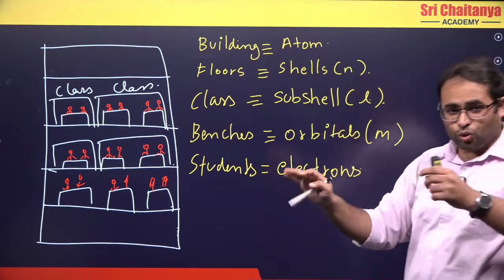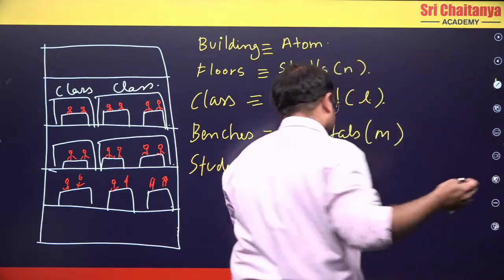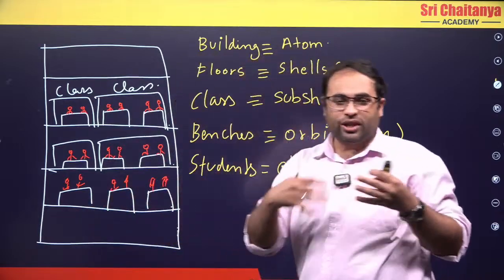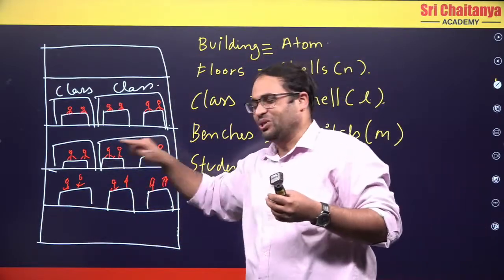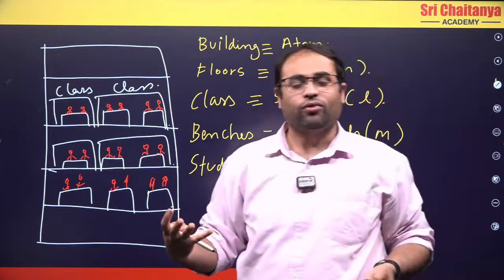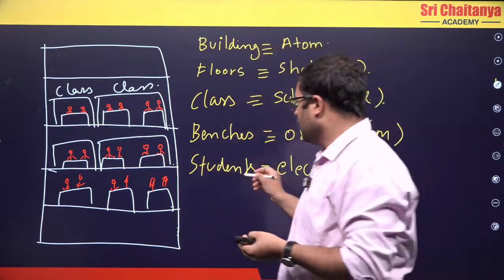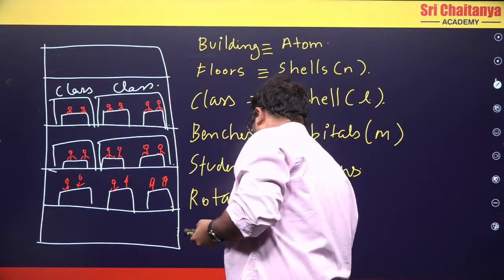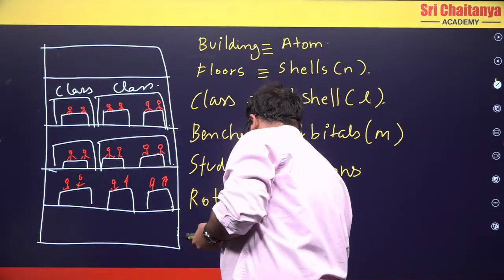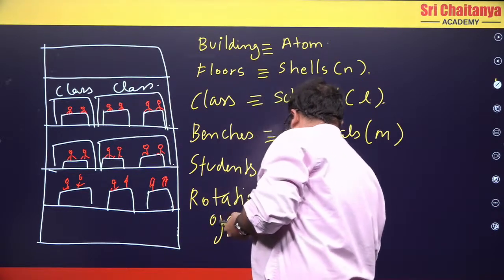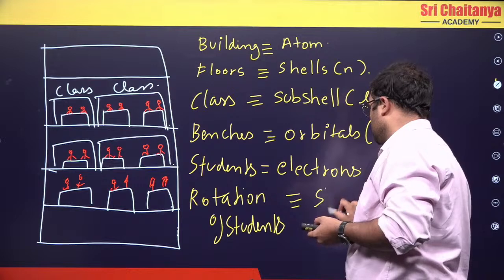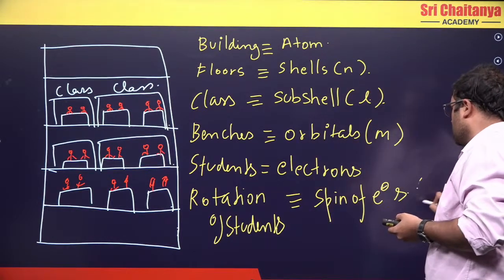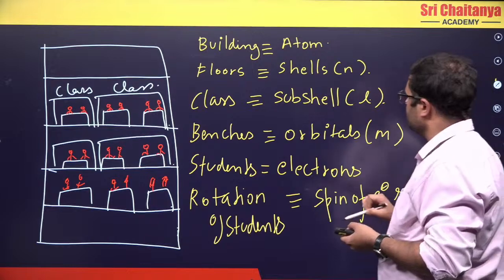And these students are rotating somehow, sitting on the benches. That rotation of the students is represented by the spin of electrons, S. Right.